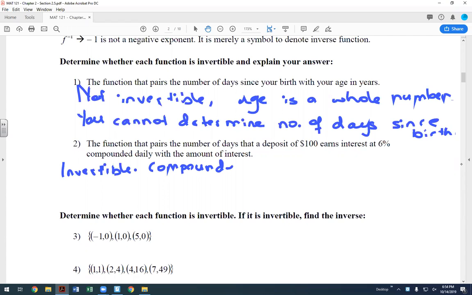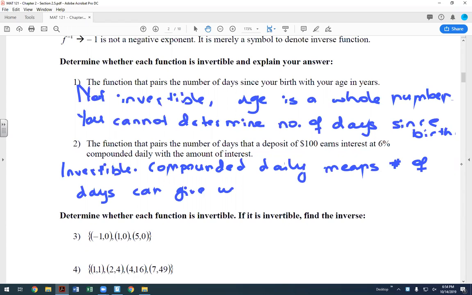So since it's compounded daily, it basically means number of days can give us the amount of interest.